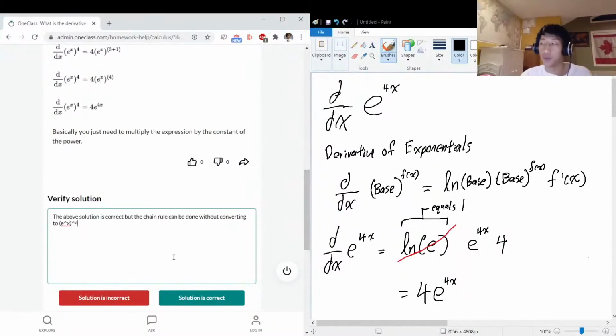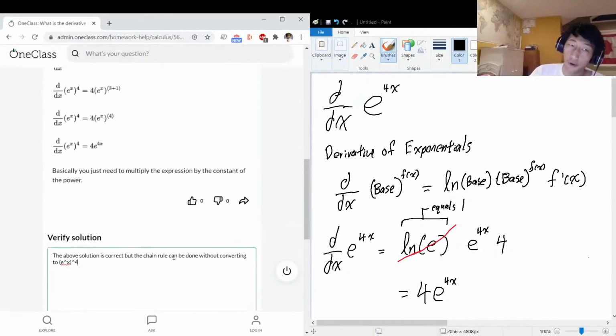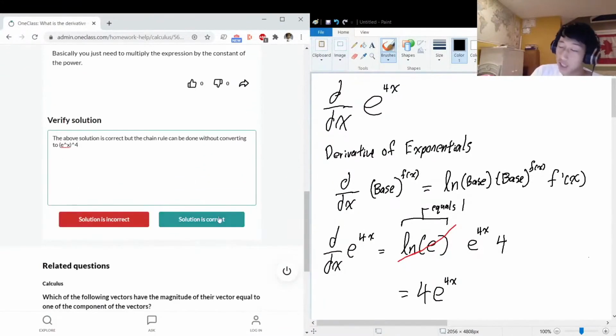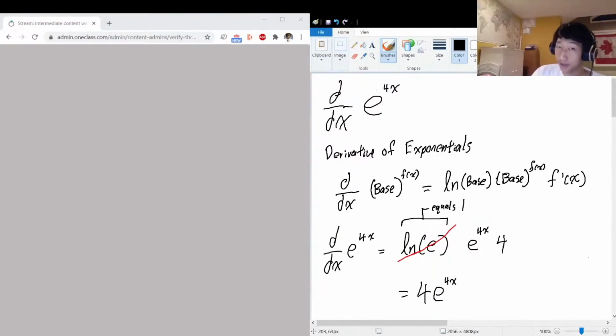You can do the chain rule without chopping out the 4. Of course, that is perfectly valid and definitely works, but not necessarily. It just makes it a little bit longer, but you'll come to the same conclusion. That's the beautiful thing of math. If you're right, you are absolutely right.